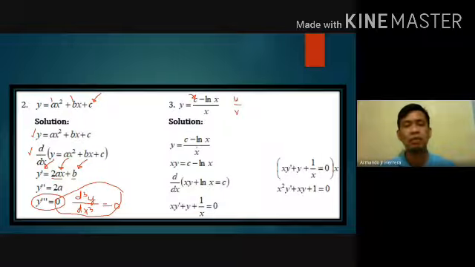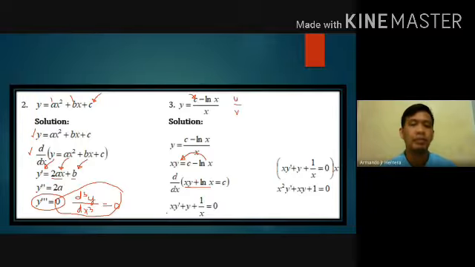So, simplify muna natin. Using cross multiplication by multiplying both by x, magiging xy is equal to c minus ln of x. And then this ln of x, itatranspose natin sa left side. So it becomes xy plus ln x is equal to c. So since isa ang arbitrary constant, kukunin natin ang first derivative.